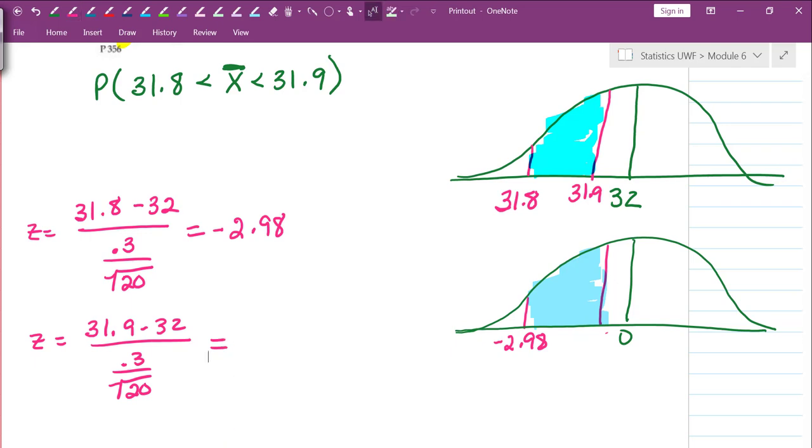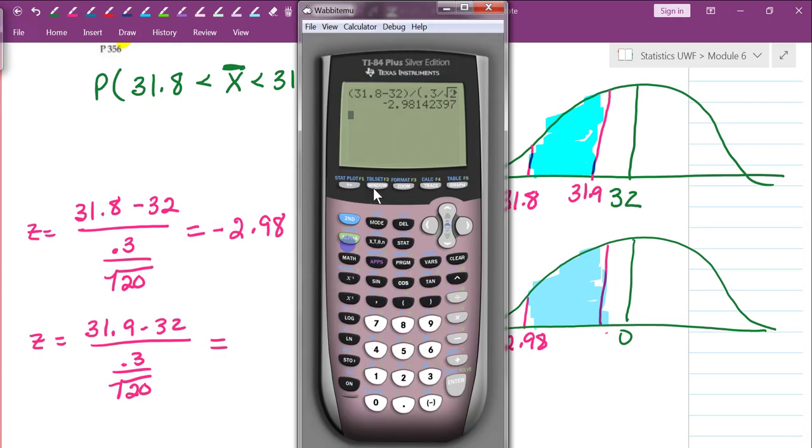I can hit enter, and that brings it back up again. Then I can just come back over here to the left and change this one value, 31.8 to 31.9, make that a 9, and now I can hit enter. And it will give me the other value, which is negative 1.49. So negative 1.49.